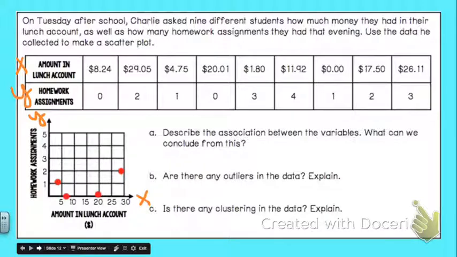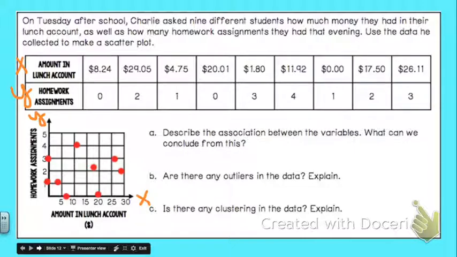We have $1.80 in the account and 3 homework assignments. We have $11.92 in the account and 4 homework assignments. And we have $0 in the account and 1 homework assignment. We have $17.50 in the account and 2 homework assignments. And then we have $26.11 and 3 homework assignments.